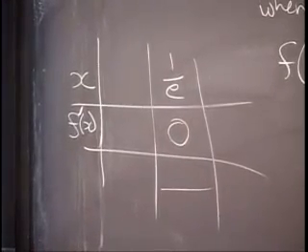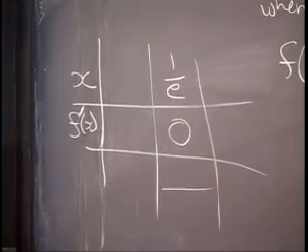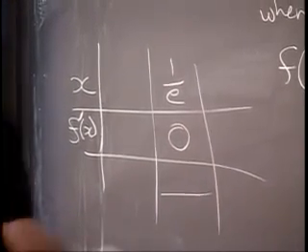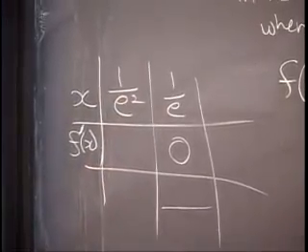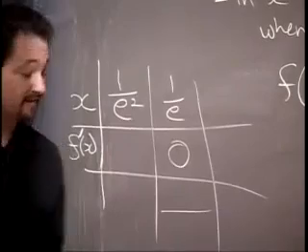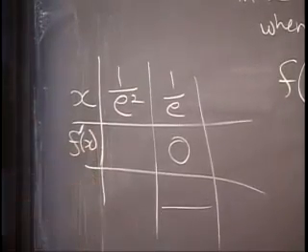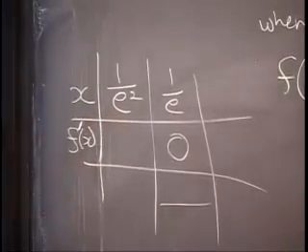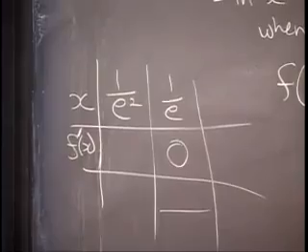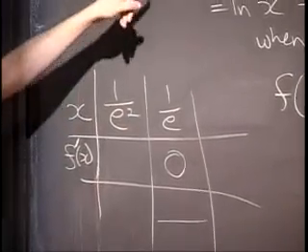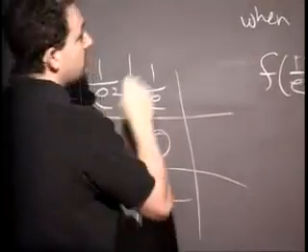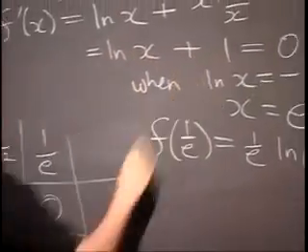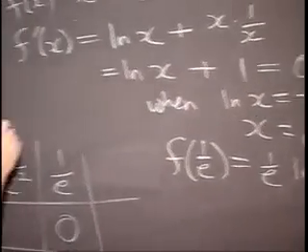Now, a number that is a little bit less than 1 over e, I don't know, let's take 1 over e squared. After all, e squared is bigger than e, so 1 over e squared is less than 1 over e, rather. And I chose this because it's very easy to take the log of it. So the derivative is log x plus 1, log of e to the minus 2.